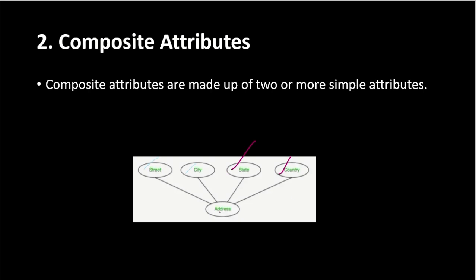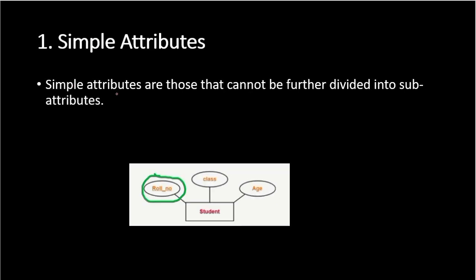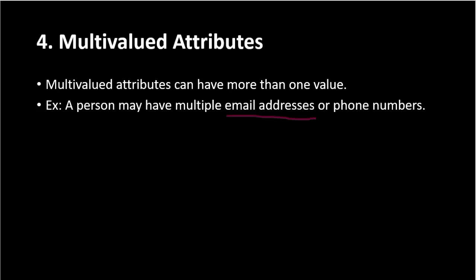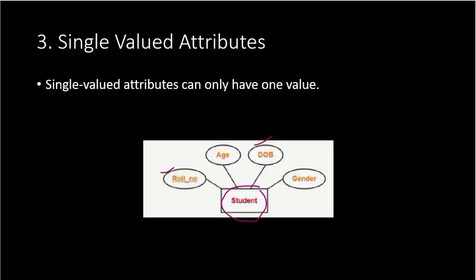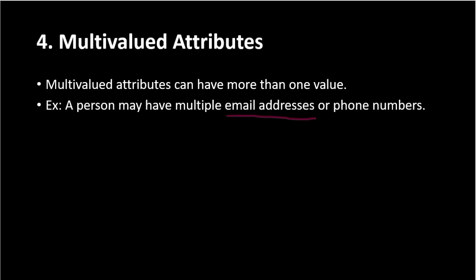If you consider an address, it is indicated by street, city, state and country. Like multi-valued, they have more than one value, not just a single value as in a single valued attribute.